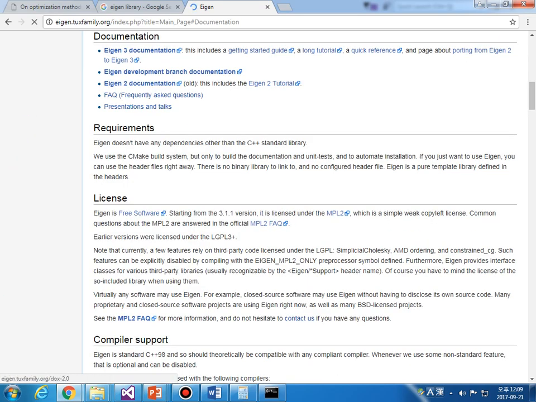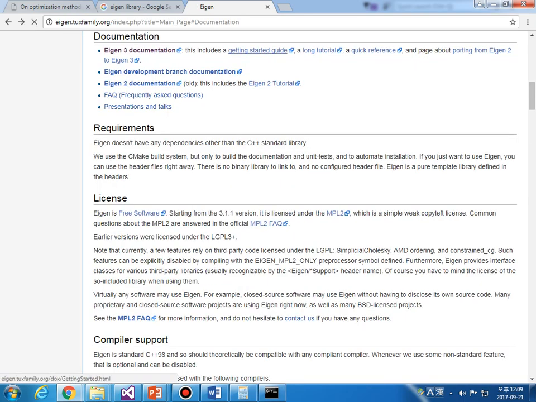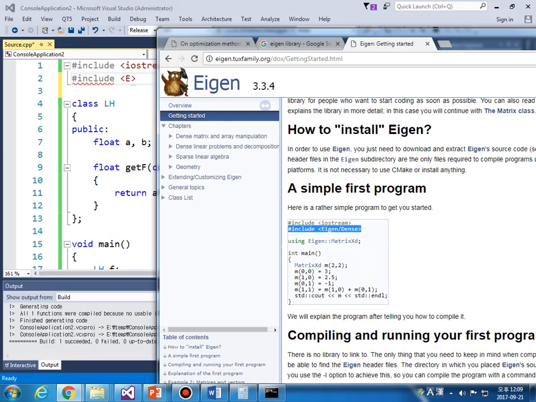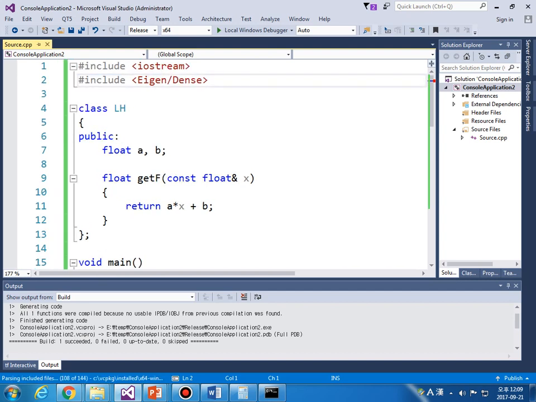Documentation, then 3. Let's go to getting started. The reason why I use eigen library is that TensorFlow is built on this library. So TensorFlow internally uses eigen to define tensors. So I like it.